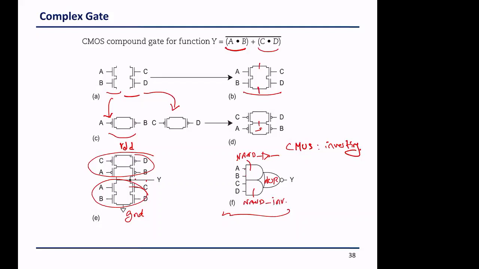So if I want to count the number of transistors that I need, an AND, based on what we saw before, has 4 transistors, right? An inverter has 2 transistors, and these are all 2 input, right? And a NOR 2 input has also 4 transistors. Okay, so based on this, what would it cost me to implement this circuit F? How many transistors do I need?